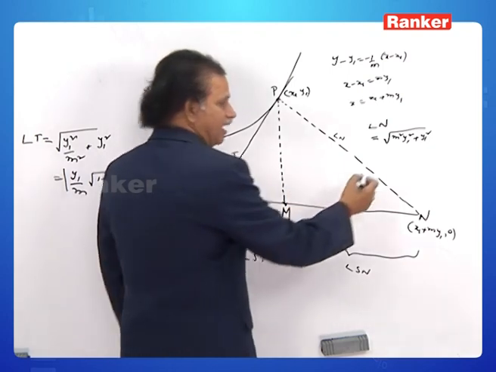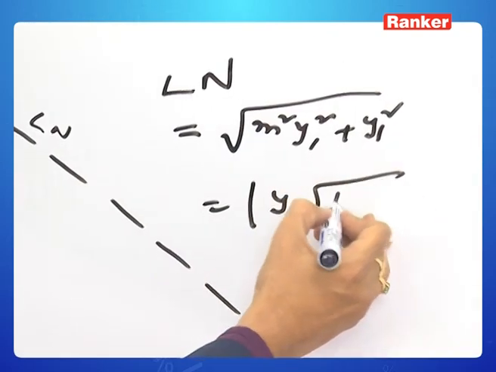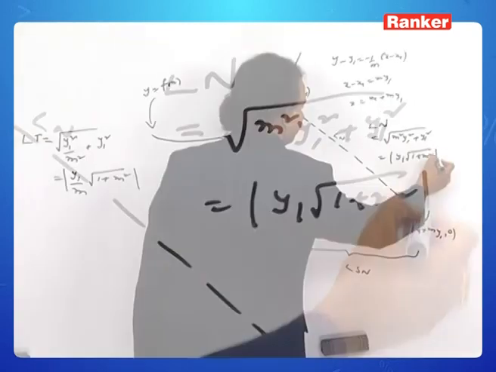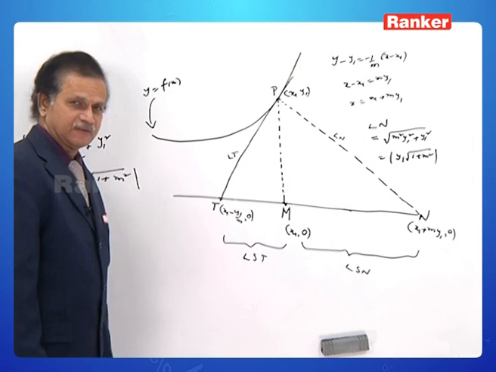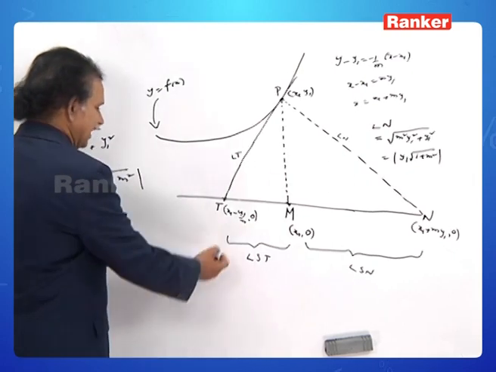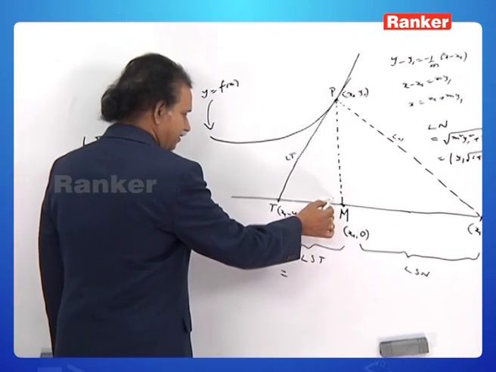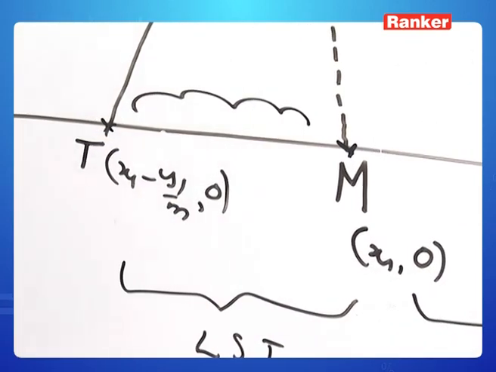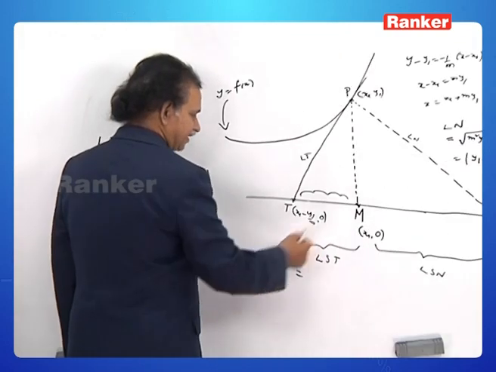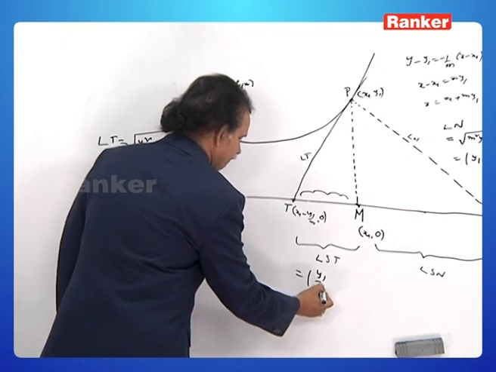If you bring y1 out, it is y1 into root of 1 plus m square. About length of the subtangent, is it not the distance between these two? This is x1, 0, this is x1 minus y1 by m, comma 0. Difference between x coordinates is modulus of y1 by m.